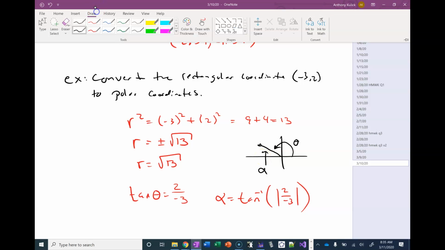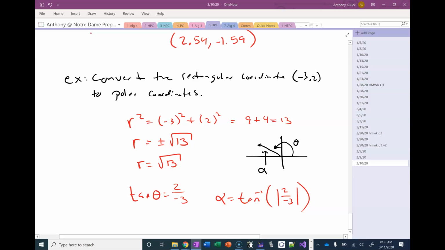What's the relationship between theta and alpha? Just look at the picture. Yeah, they're supplementary, right? They're going to add up to give you 180 degrees.